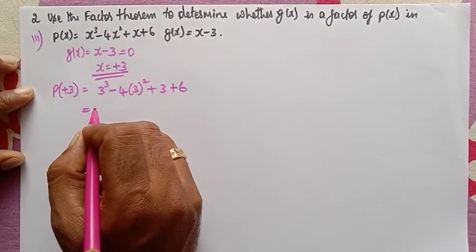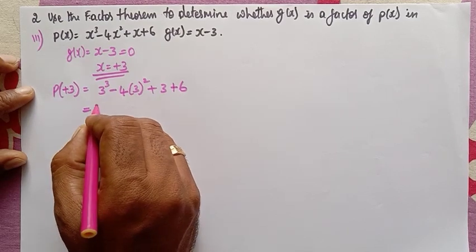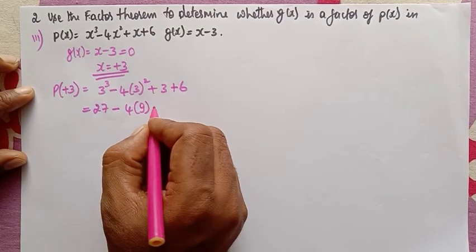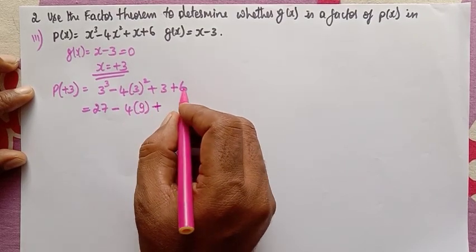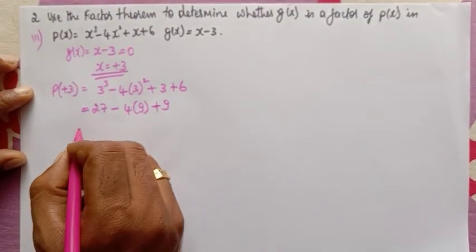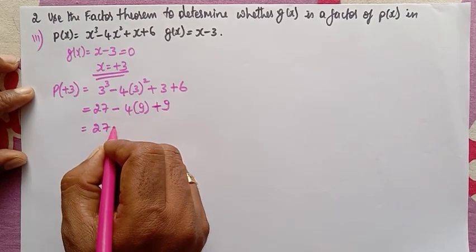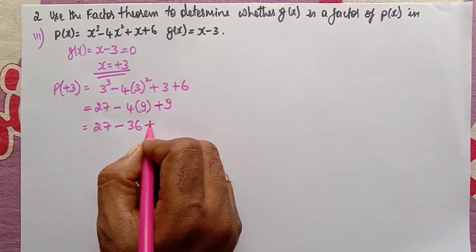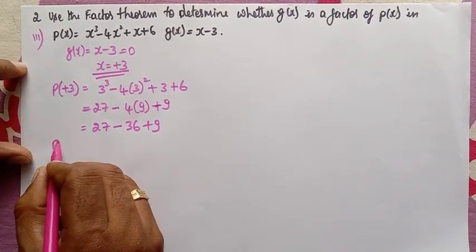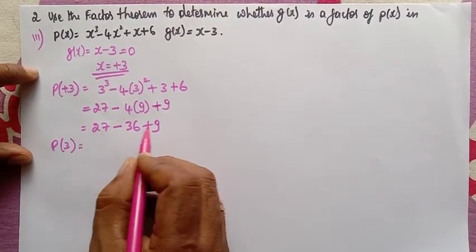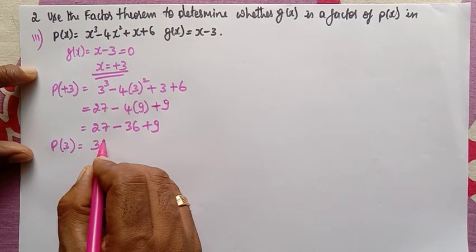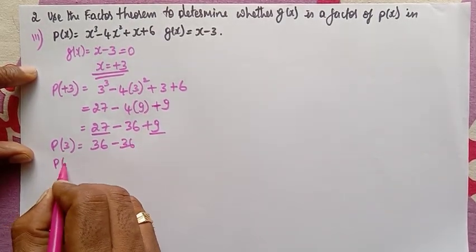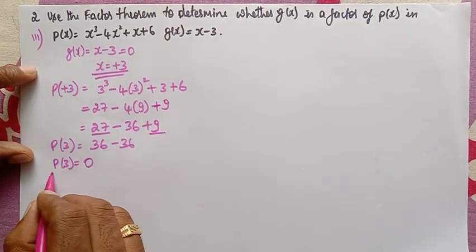So 3 cube is 3 threes are 9, 9 threes are 27. 27 minus 4 into 3 square is 9, plus 6 plus 3 is 9, which is equal to 27 minus 9 fours are 36 plus 9. So P of 3 is equal to 27 plus 9 is 36, minus 36. So P of 3 is equal to 0.